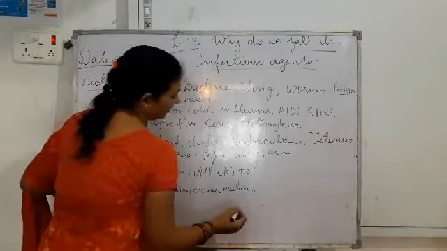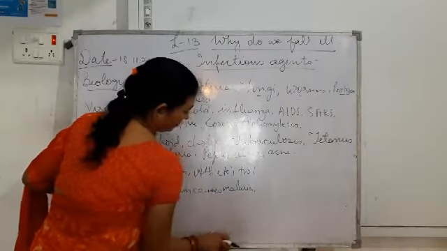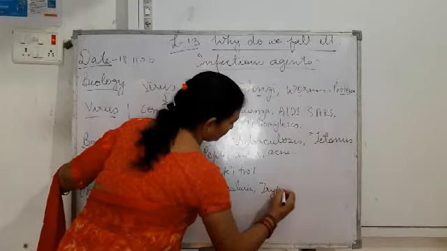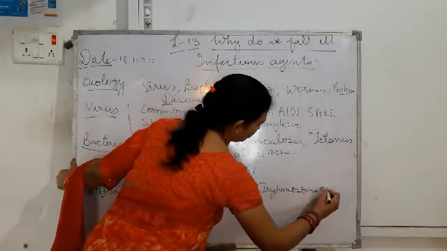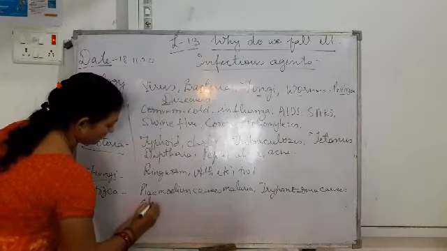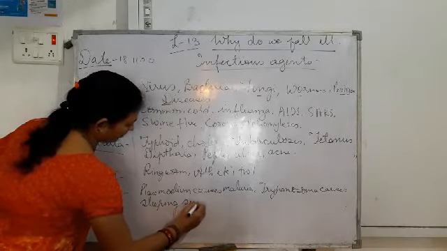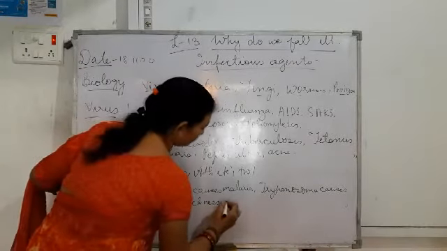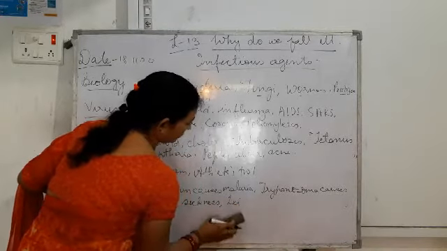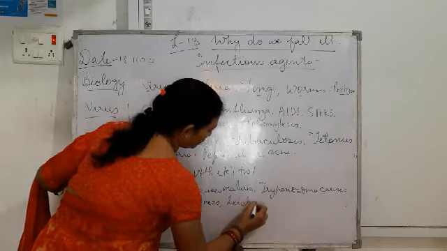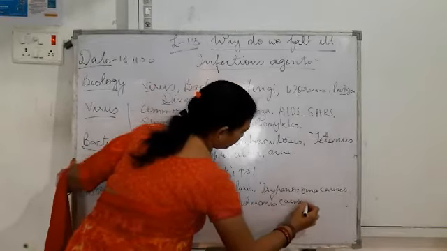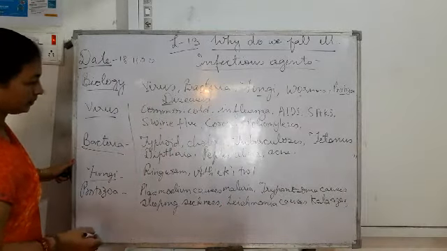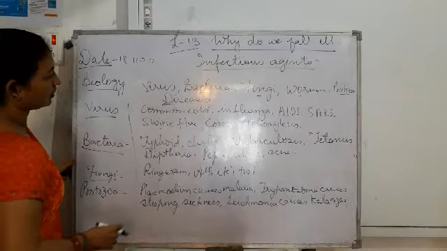Then Trypanosoma, which causes sleeping sickness, and Leishmania, which causes Kala-Azar. Only 2-3 are enough.